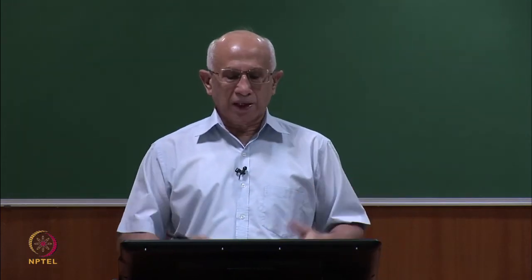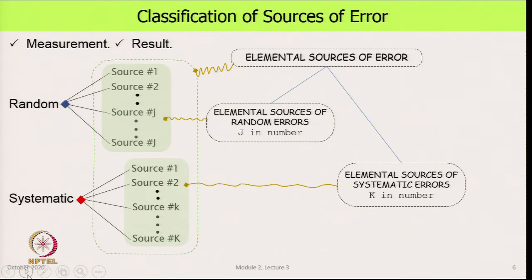Now, we look at the classification, and in this slide I put up various things, and we ask how can I categorize the errors. This is important because after we categorize it, we will pick one error at a time and find a method to calculate its magnitude or estimate its magnitude.